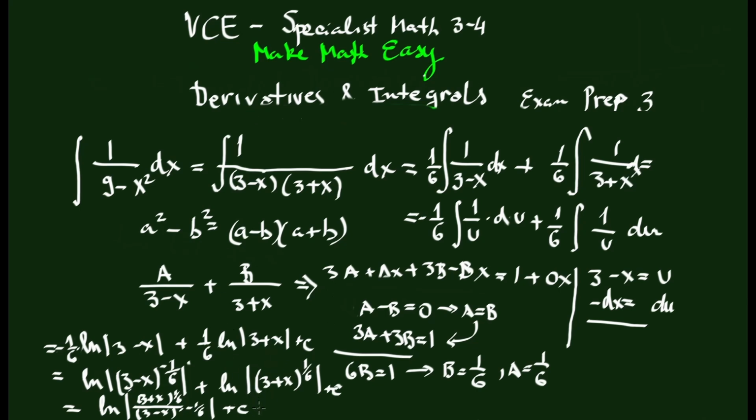And what that becomes is ln of the absolute value of, because minus 1/6 becomes plus 1/6 on the top, 3 squared minus x squared, so it's 9 minus x squared, to the power of 1/6, which is the 6th root of that.